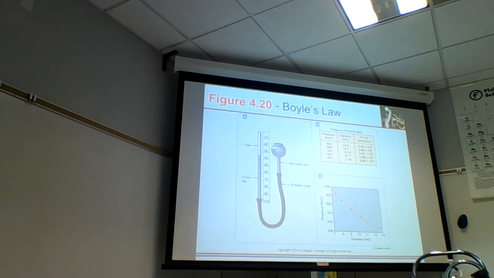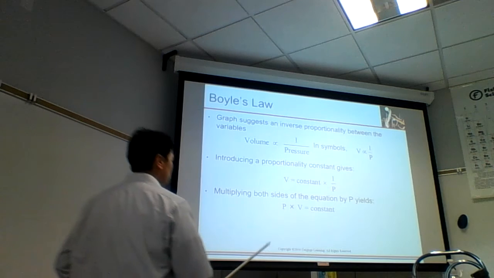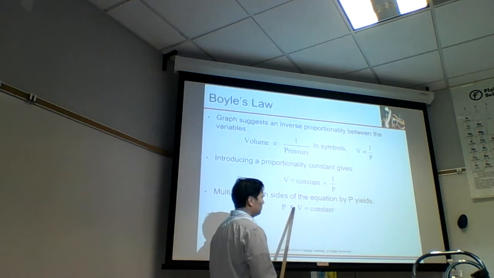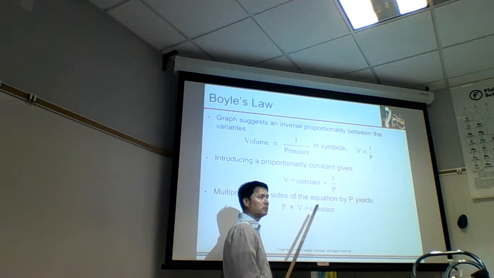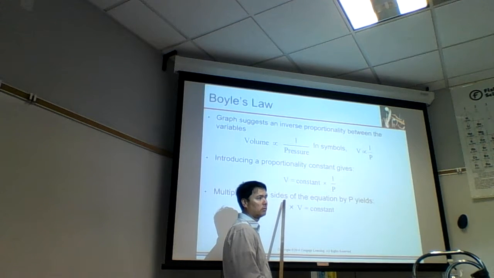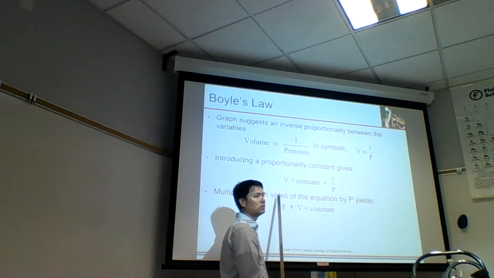The constant is going to be used as a curve. Well, this is a very convenient form because this allows us to do predictions. For example, we don't actually have to graph that. If you want to predict what the volume or the pressure is going to be for any pressure-volume combination, we use this equation, the mathematical equation.